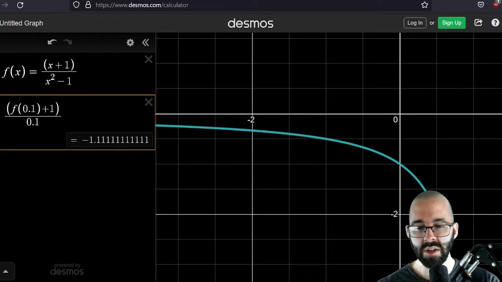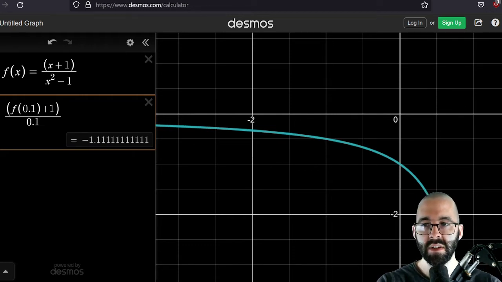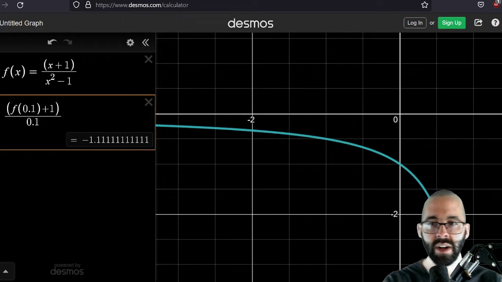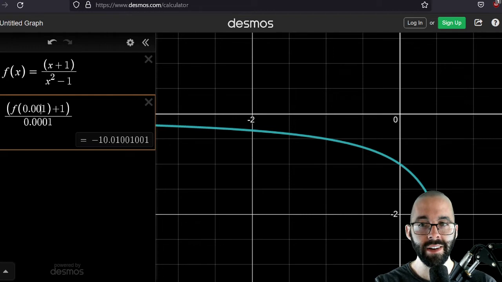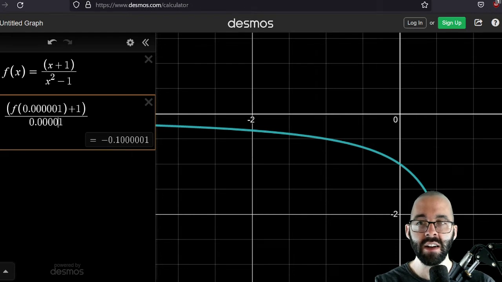And as we get closer and closer to 0, look what happens to our average slope. We're at negative 1.1. Now negative 1.01. Now negative 1.001. Negative 1.0001. What's happening? The more and more zeros I add, what's happening to the slope of our secant line?